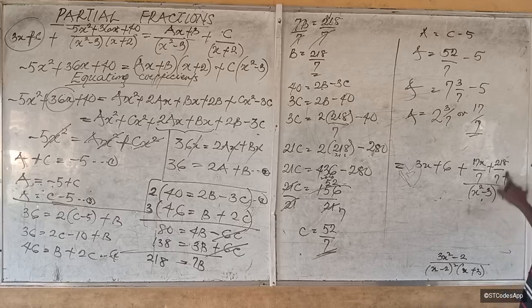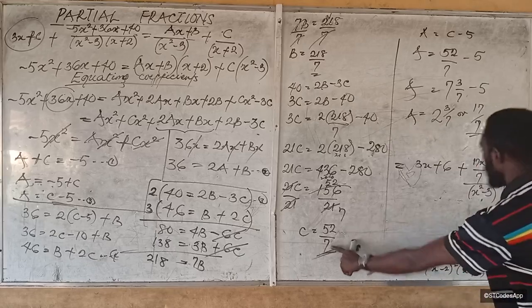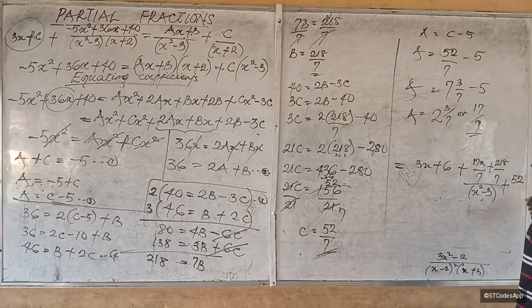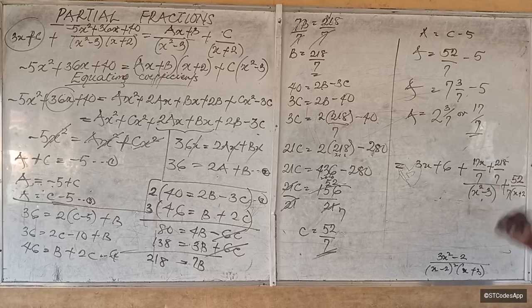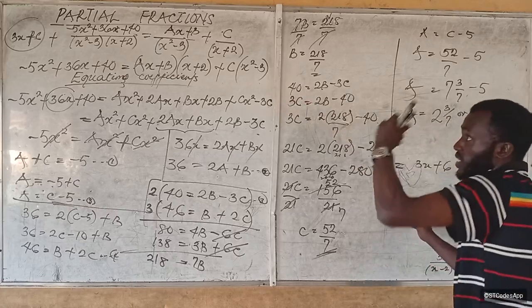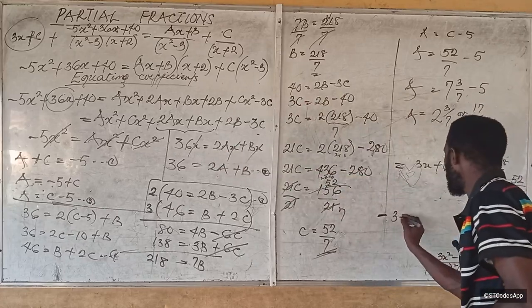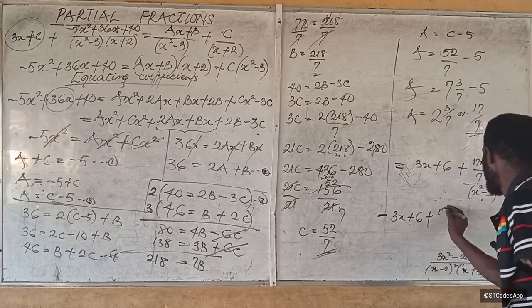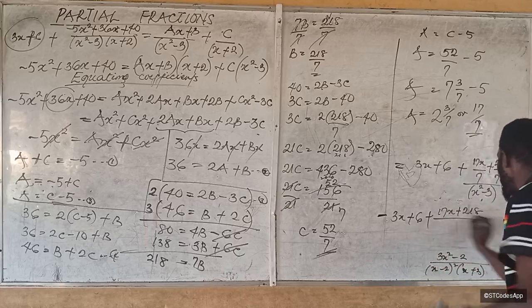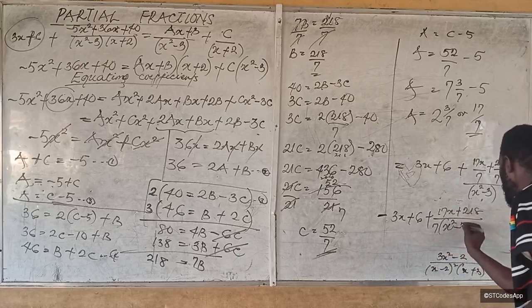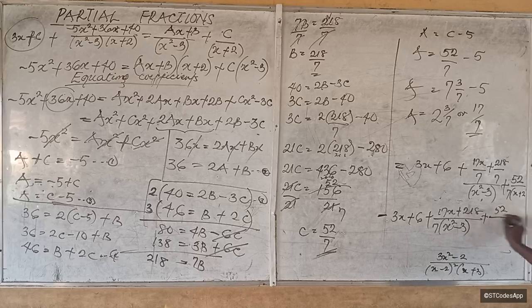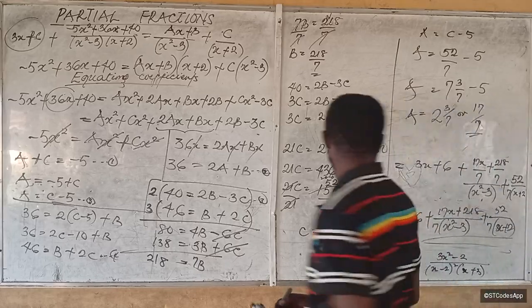Then plus what is C? C we got to be 52 over 7. So it will be 52 on top over 7 into bracket x plus 2. Because it's a common denominator, we'll just bring it down. So our answer becomes, everything on that left-hand side, 3x plus 6 plus 17x plus 218 all over 7 into bracket x squared minus 3, then plus 52 over 7 into bracket x plus 2. And this is the resolution of our partial fraction.